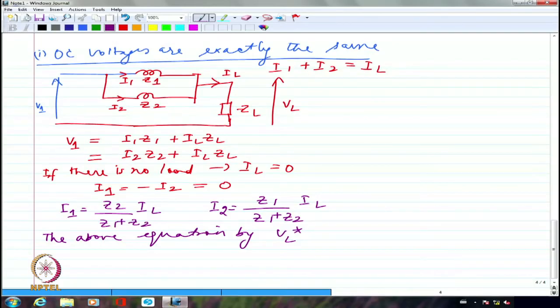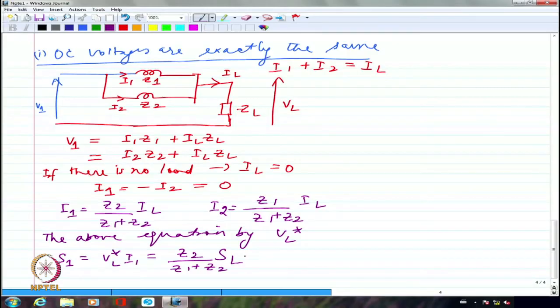VL conjugate IL or IL conjugate VL will give me apparent power. We talked about this when we were talking about complex representation. So I will get S1, which is actually VL conjugate I1, equal to Z2 divided by Z1 plus Z2 multiplied by SL, where SL is the total load apparent power.